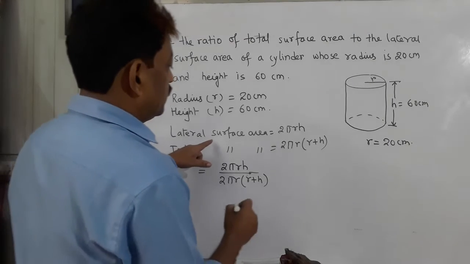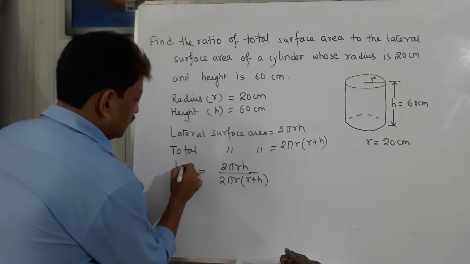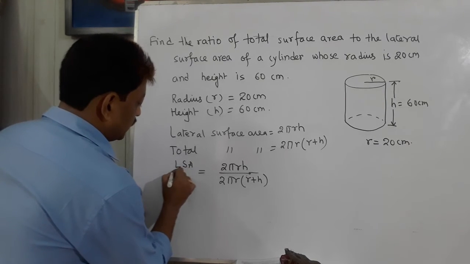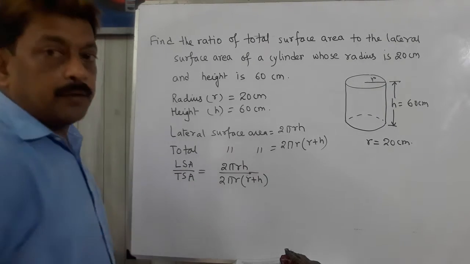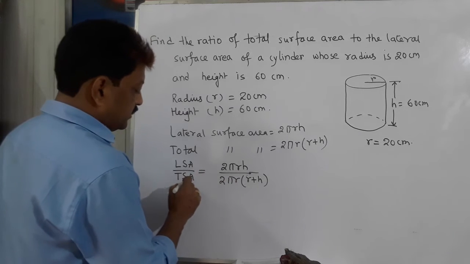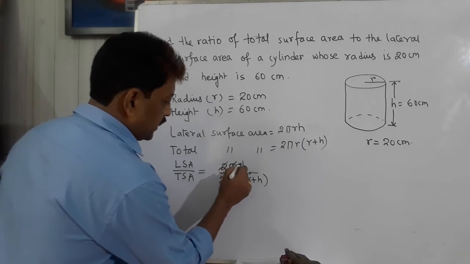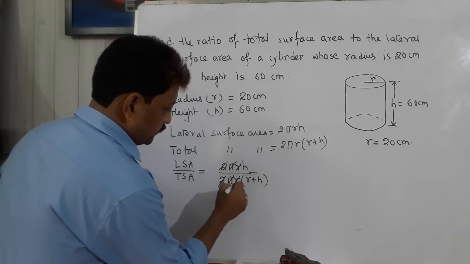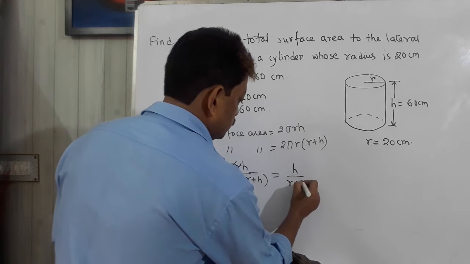Let me take the lateral surface area as LSA and the total surface area as TSA. I am writing in short. So LSA by TSA, that is lateral surface area by total surface area. We can cancel these 2 pi r. So here we are getting h upon r plus h.